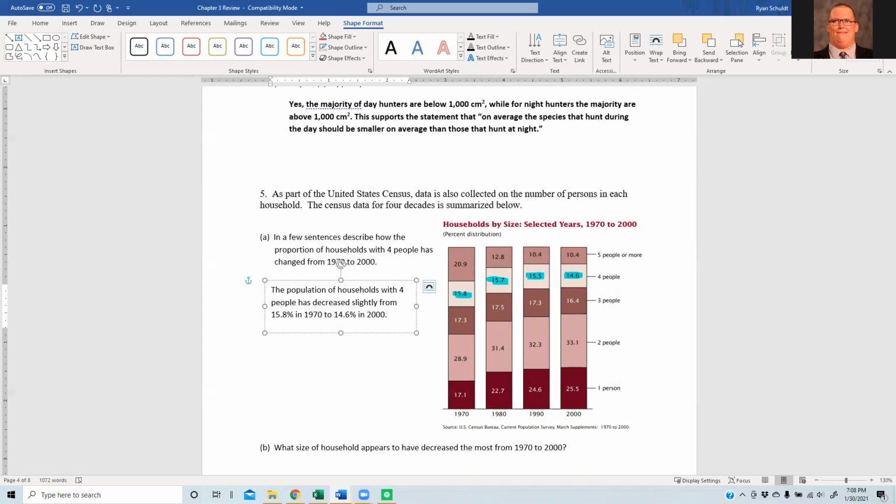That's really all that happened. It didn't decrease much. It just decreased slightly. Okay, so there's our answer for part A. That was pretty straightforward. Just can you read a graph?